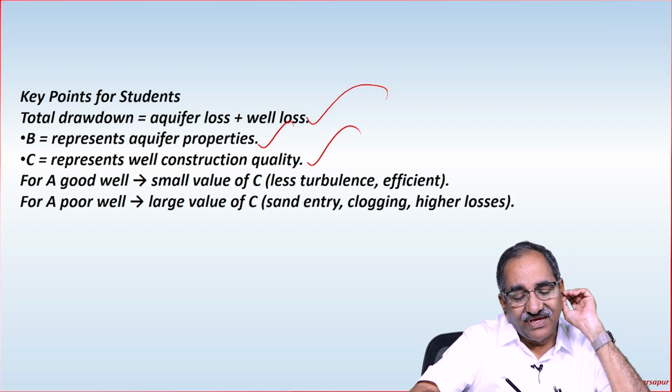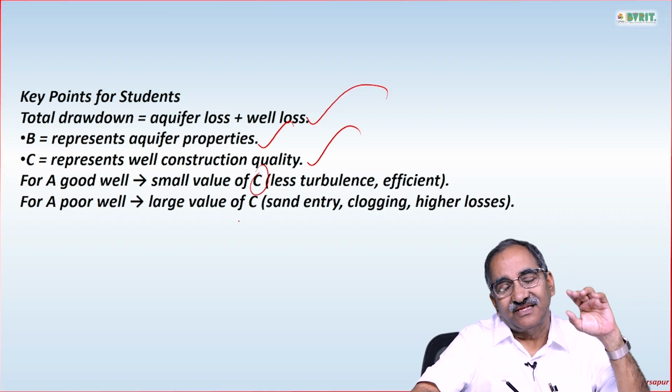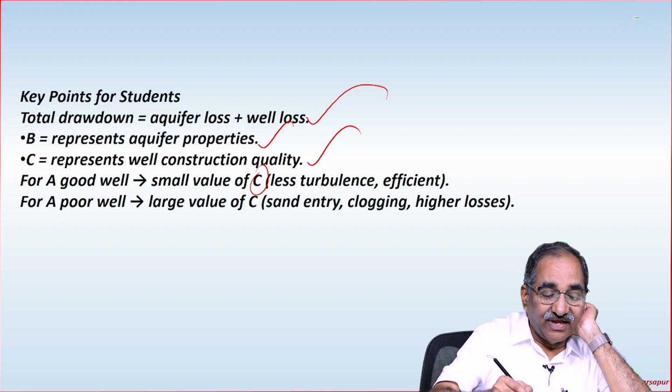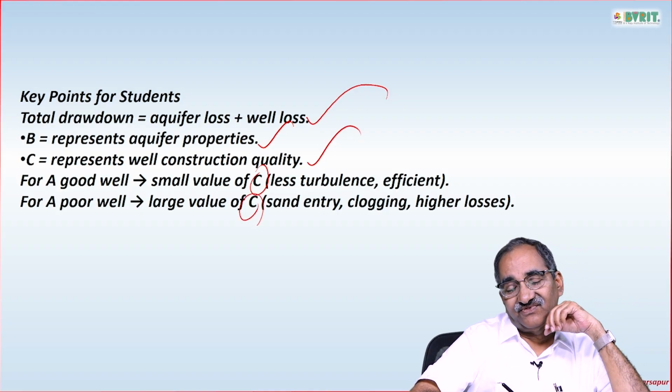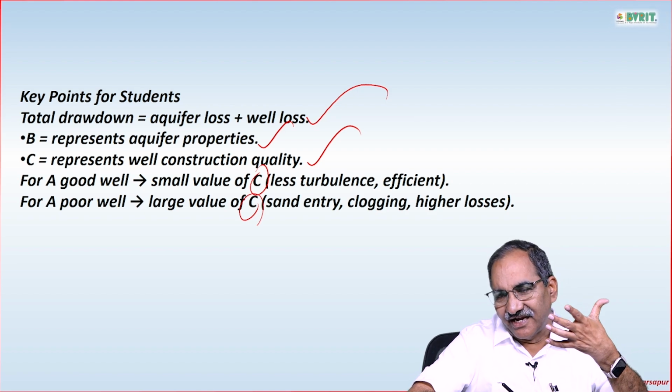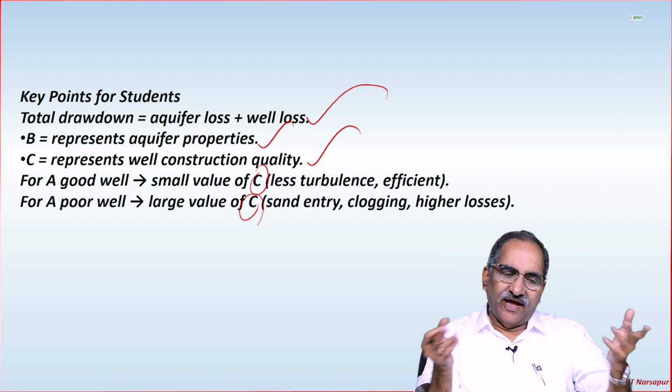A good well means a small value of C, meaning less turbulence and efficiency. A poor well means a large value of C, which indicates entry of sand, clogging of the well, and higher losses.